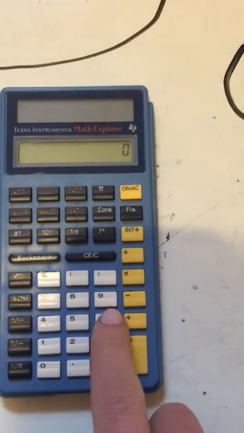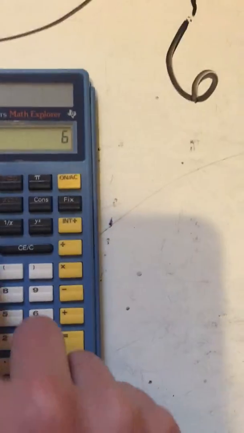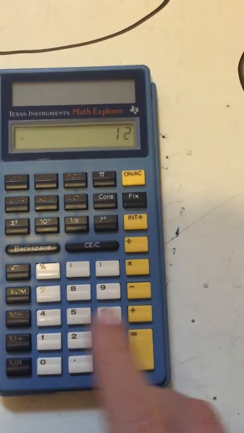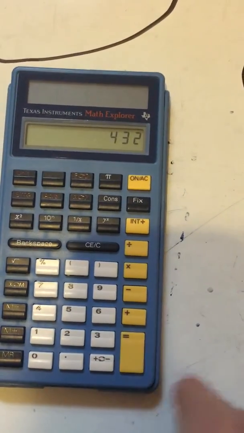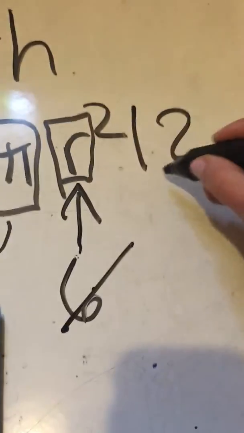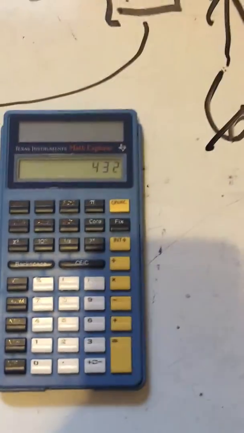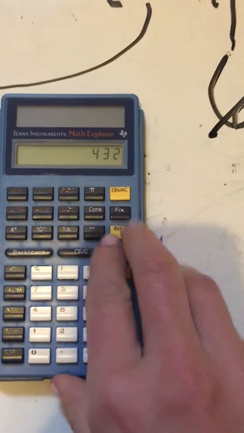I'm going to start off with 6 squared. That will give me 36 times 12. That'll give me 432. So we used our 6 squared. We used our 12. We're left with 1/3. Okay, 1/3 times 432 is the same thing as saying 432 divided by 3.